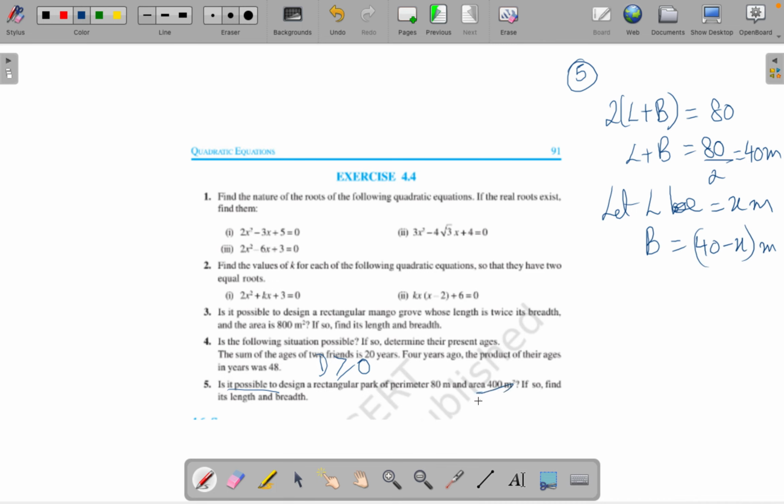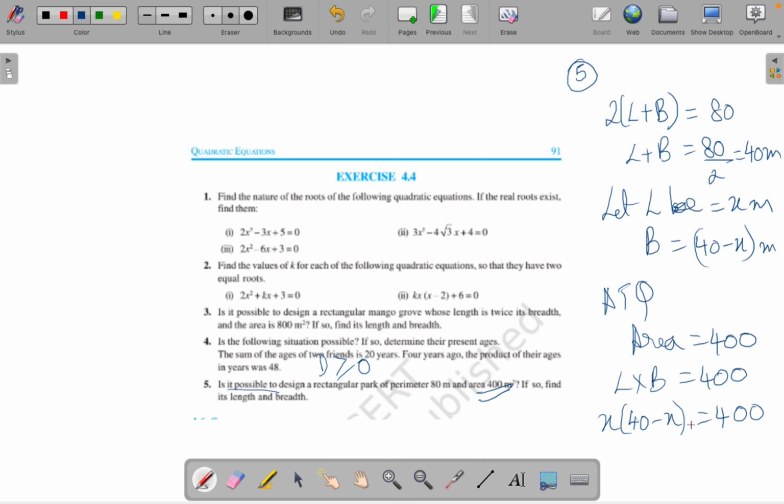Now, what is given? Area. So according to the question, area is 400. So that is length into breadth is 400. Again, x into 40 minus x is equal to 400. Again, just open the bracket, take 400 that side. It is always important to know from where you should equate it equal to 0.